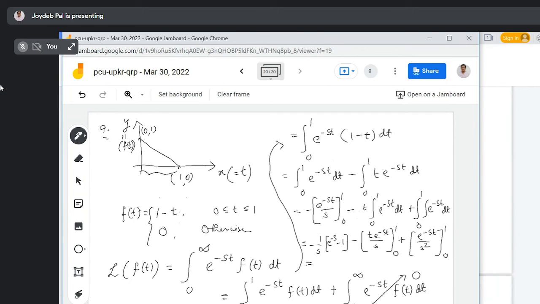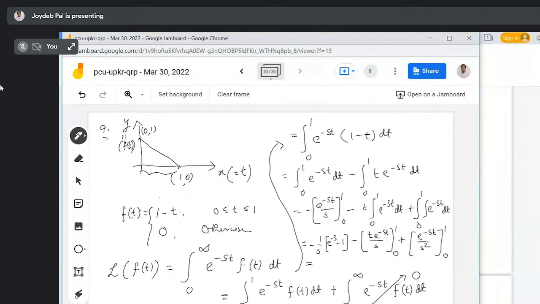Okay, now you simplify it. Do you get it or not? Here, what I did is I applied integration by parts for the second integration, 0 to 1 t e to the power minus st dt.